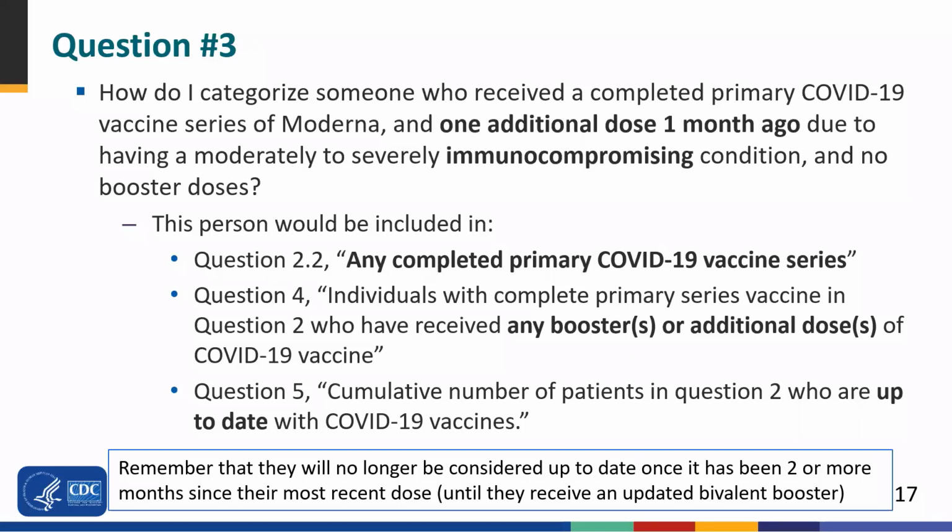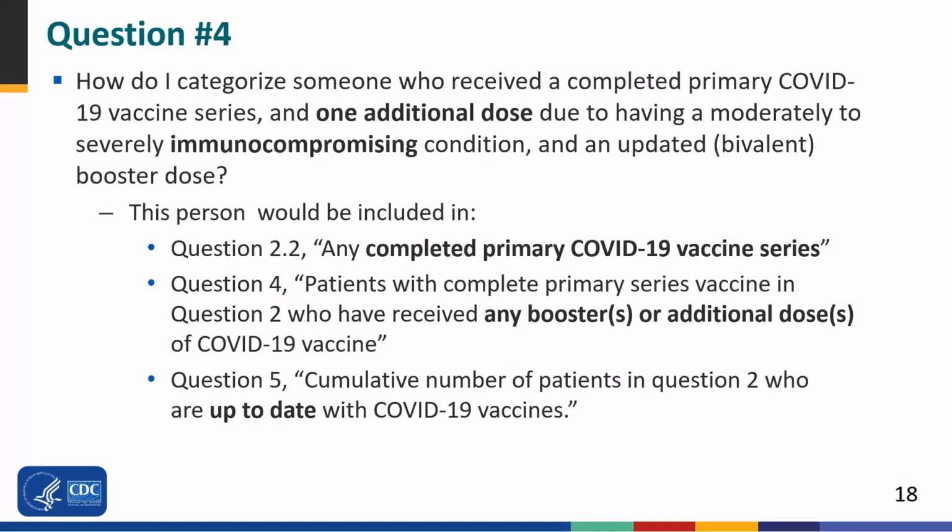In this case, an individual received a completed primary COVID-19 vaccine series and 1 additional dose due to having a moderately to severely immunocompromising condition, plus an updated bivalent booster dose.